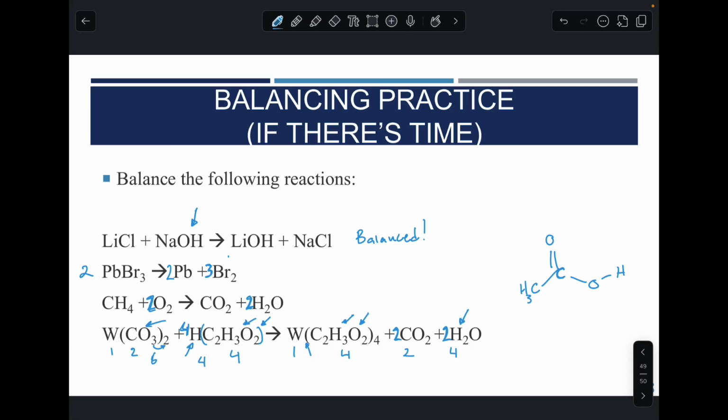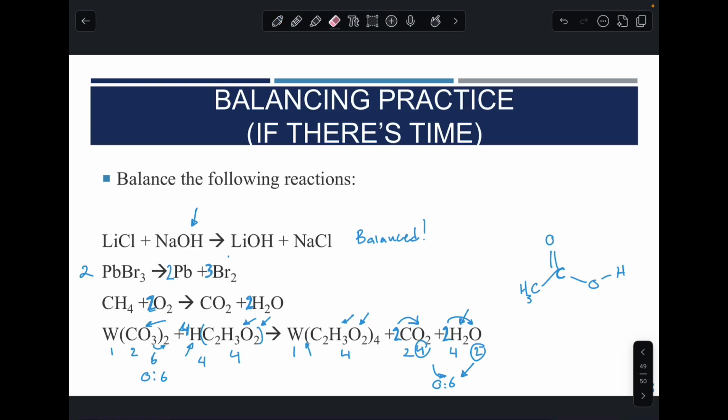And we know that there are going to be 2 times 2 times 2, so that's going to be 4 oxygens there. And 2 times 1 is going to give us 2 oxygens here. So that 4 plus that 2 is going to come together to give us 6. An O count of 6. And we have an O count of 6 over here. And we are balanced. That's it.